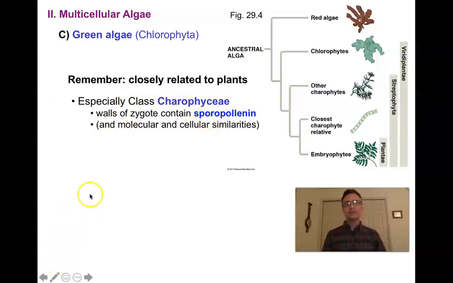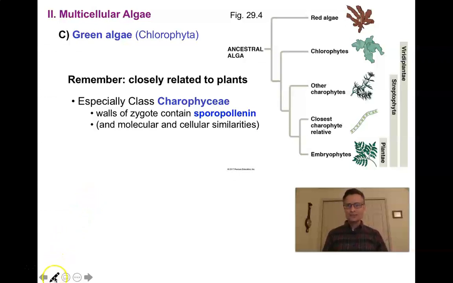Sporopollenin is very resistant, particularly to dehydration, but also to all sorts of other stresses. You can actually put sporopollenin in boiling acid, and it will resist boiling acid for a certain period of time. So it's a very resistant polymer.